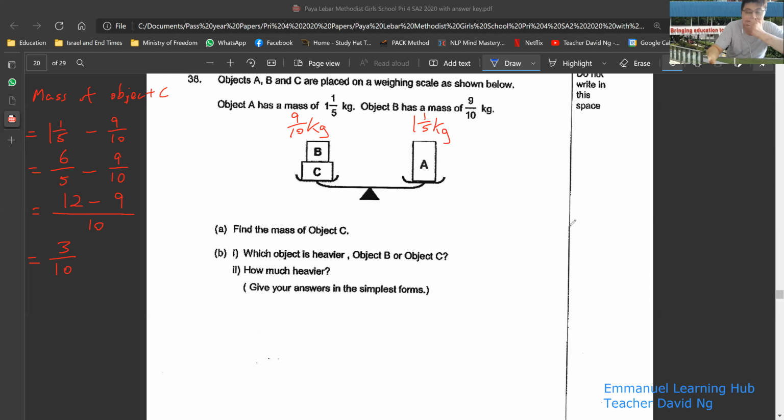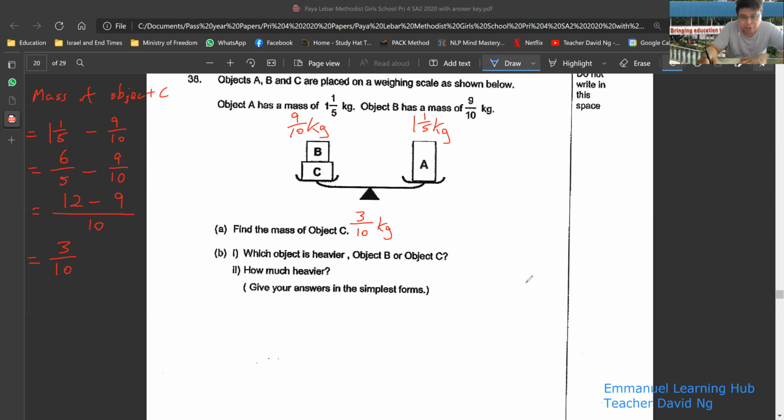The mass of object C is 3/10. What's the unit? Kg. Remember to put unit. 3/10 kg is the mass of object C.